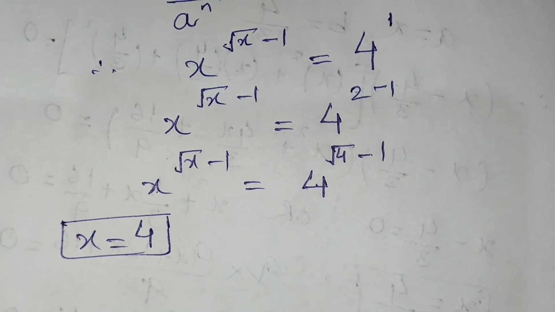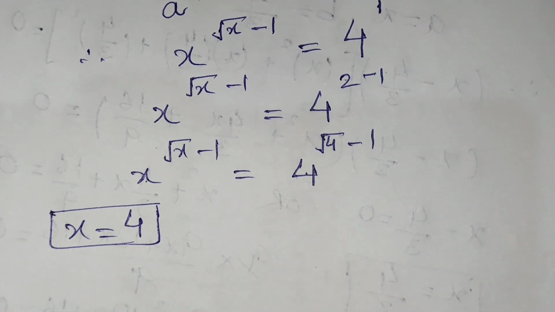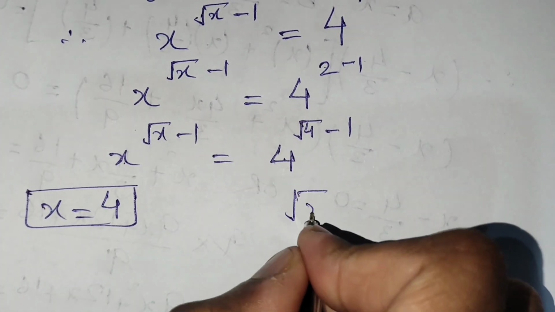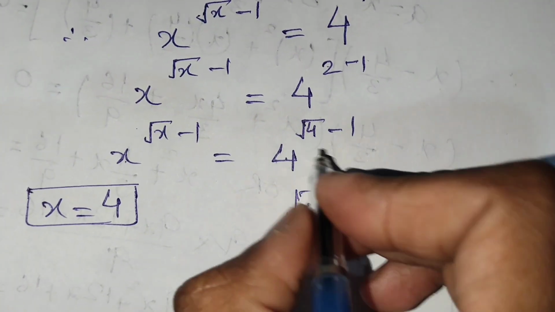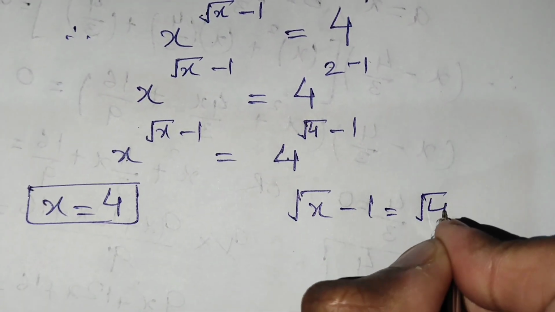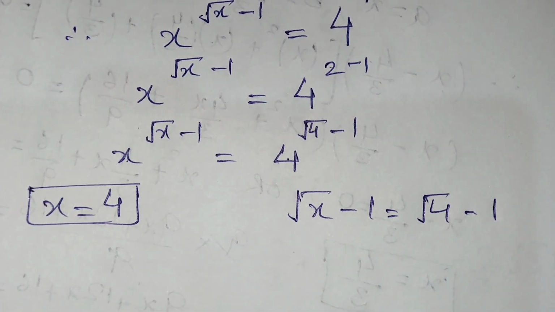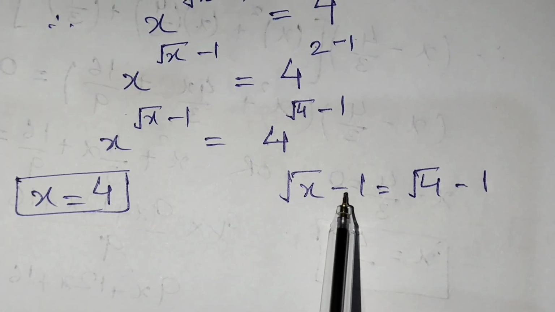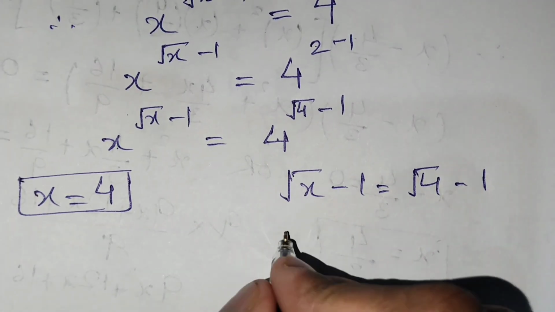Now we will move to the second case, when we equate the exponents, that is square root of x minus 1 is equal to square root of 4 minus 1. We will add 1 on both sides of the equation.